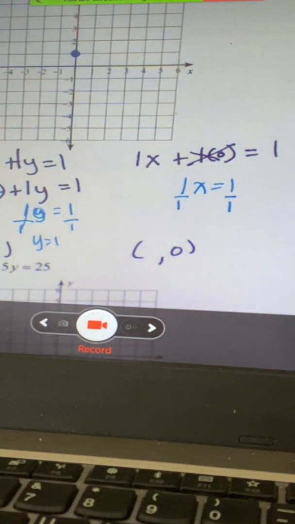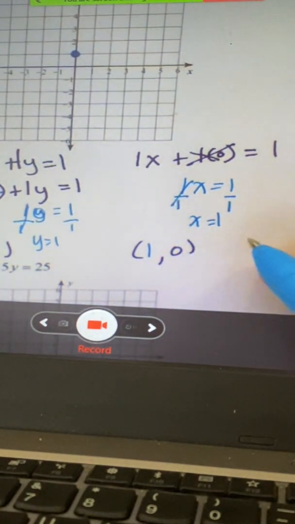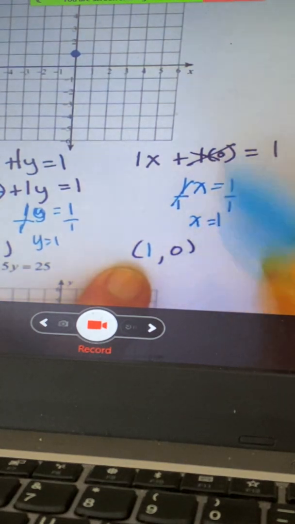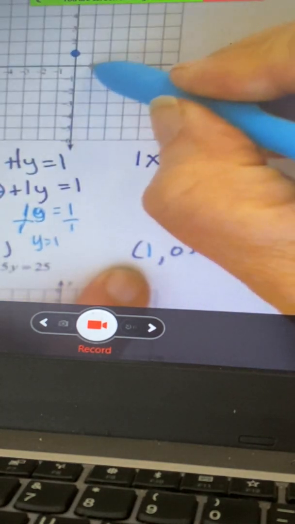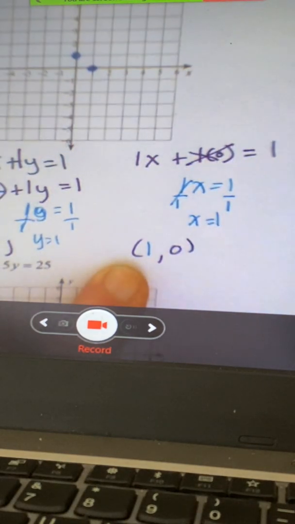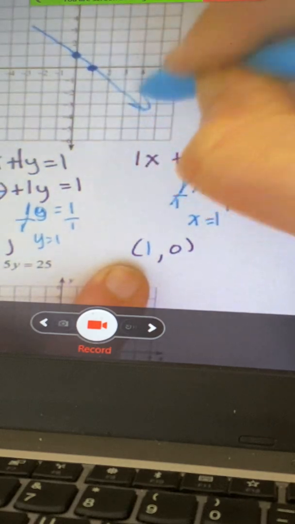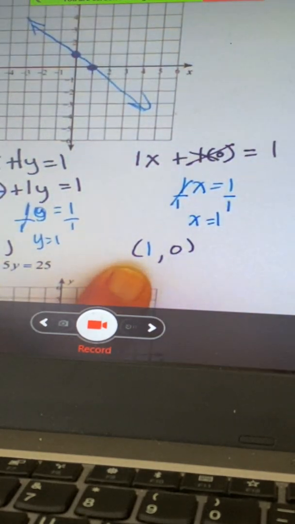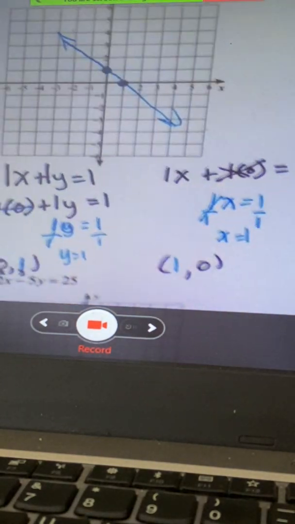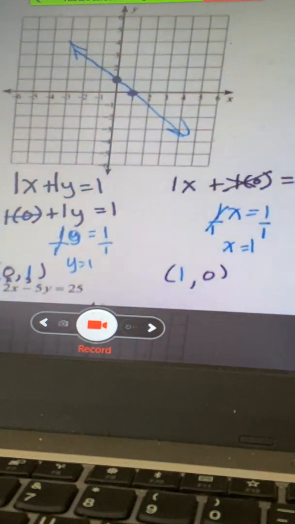Divide by 1 to both sides. And I get x equals 1. So this tells me go to the x equals 1. On the x-axis, put a dot on the 1. Draw through, connect the dots. And that's your graph. That one was super duper easy because everything was just ones.